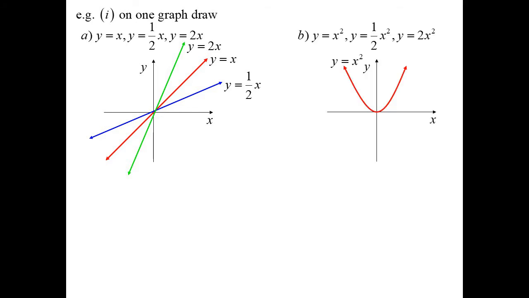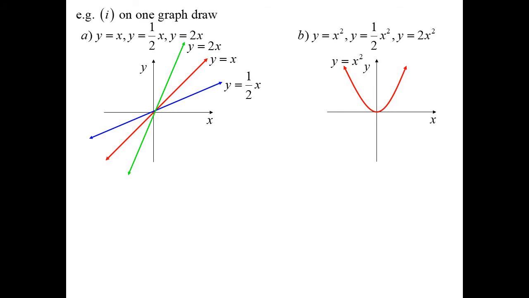So y equals x squared, there's y equals x squared. Now if we've got y equals a half x squared, this time I've got to be careful. Half x squared is definitely 2y equals x squared. I don't think of it as x squared on 2 because it needs to be grouped with the x if it was going to be a horizontal one. So I'll think of that one as 2y equals x squared.